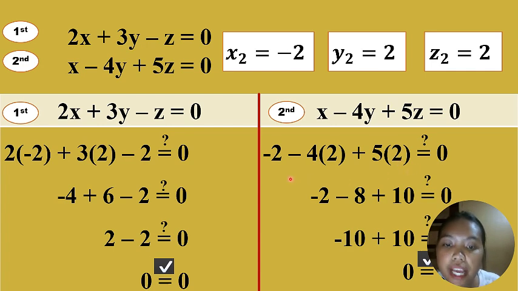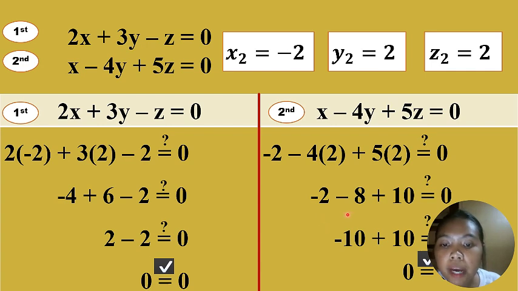So now let's simplify. First thing is to simplify the negative 4 times 2. So negative 4 times 2 is negative 8. And positive 5 times 2 is equal to positive 10. Copy the negative 2. And now let's simplify this new equation.